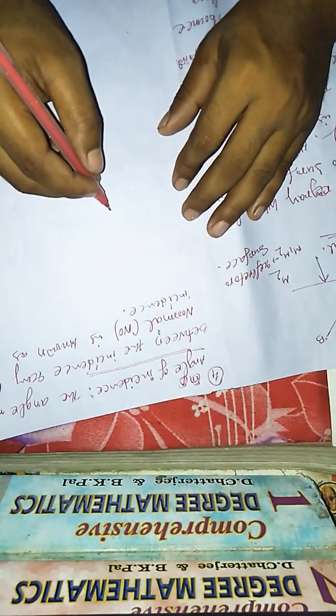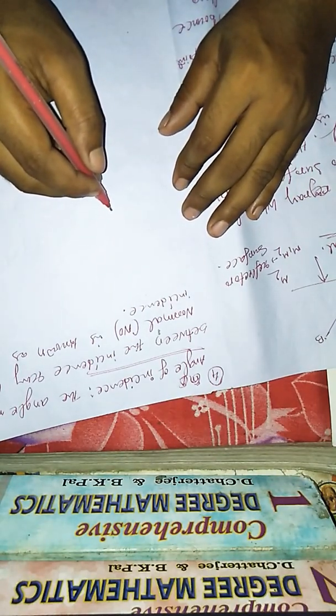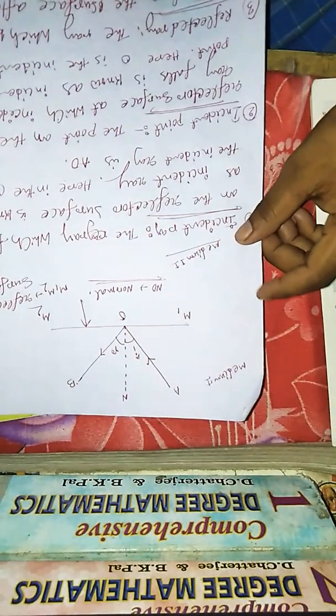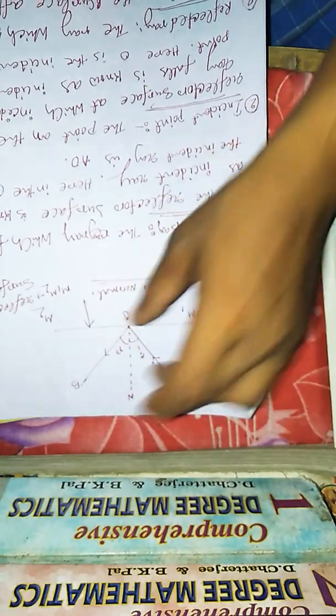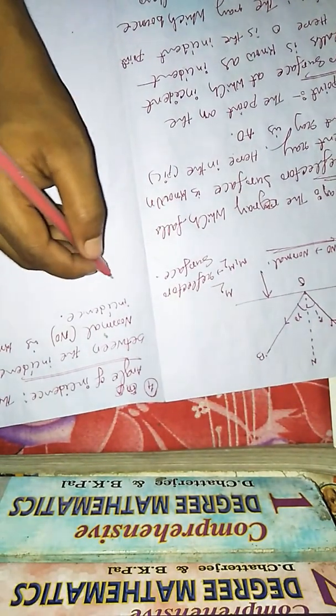Can you say the name of the angle from this picture? From this picture you can say that angle AON is the angle of incidence. Look at the picture.